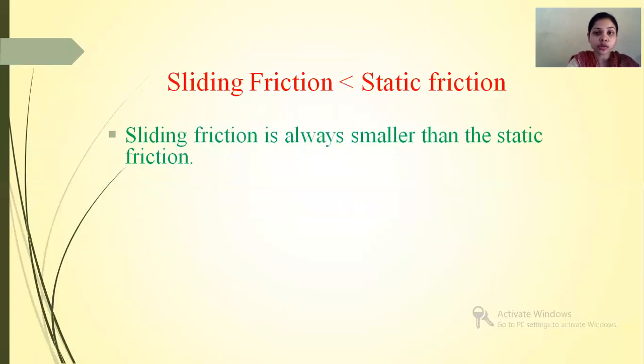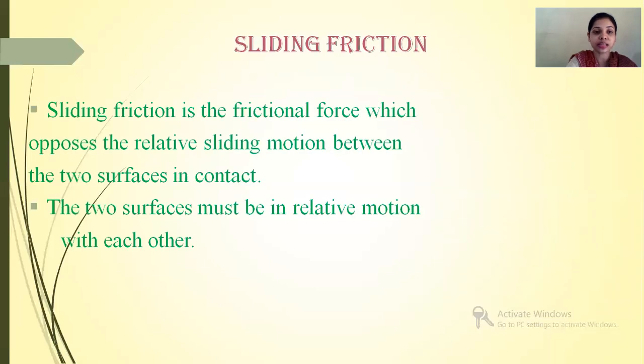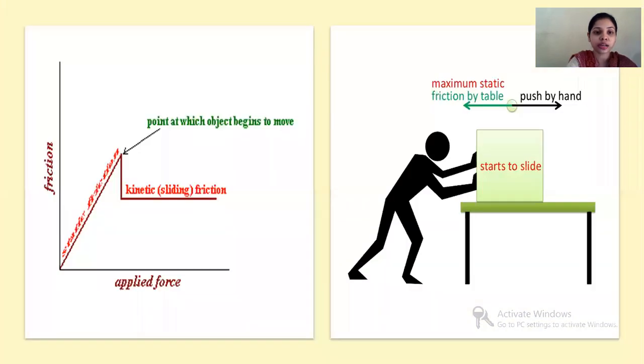Also, the sliding friction is always less than the static friction. Why does this happen? If you notice in this graph, this line is in the lower direction. The sliding friction is on the lower side than the static friction, because when the body is in motion, you require less force to move it.